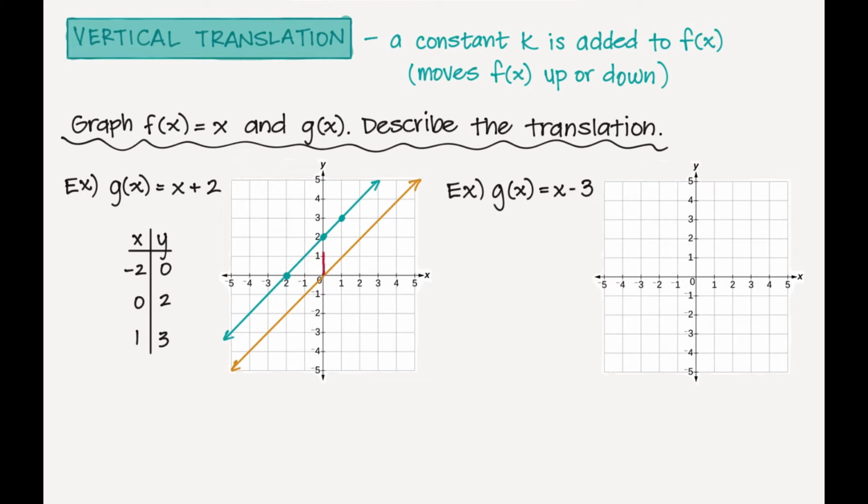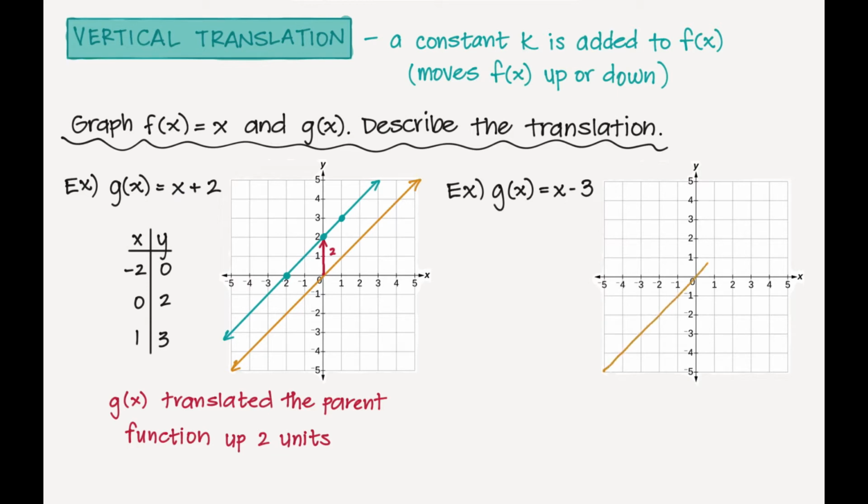And as you can see, I took that parent linear function and I just moved it up 2 units. So to describe this translation, all I need to say is that g of x translated the parent function up 2 units. And that's it.